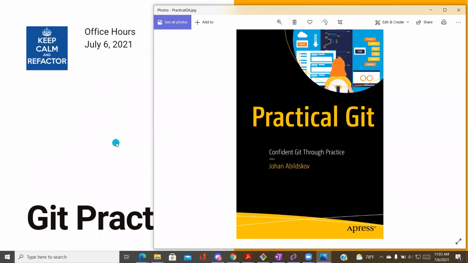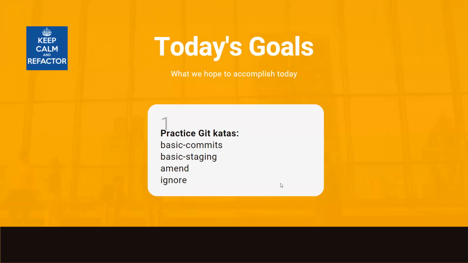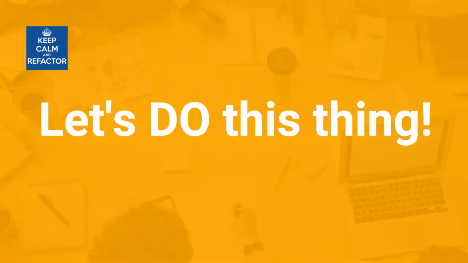I've decided it takes a different approach to teaching how to use Git, because I've read plenty of books and watched videos, but this actually has katas. So we're going to go through some katas described in this book, Practical Git, and see how that works. All right, let's do this thing.